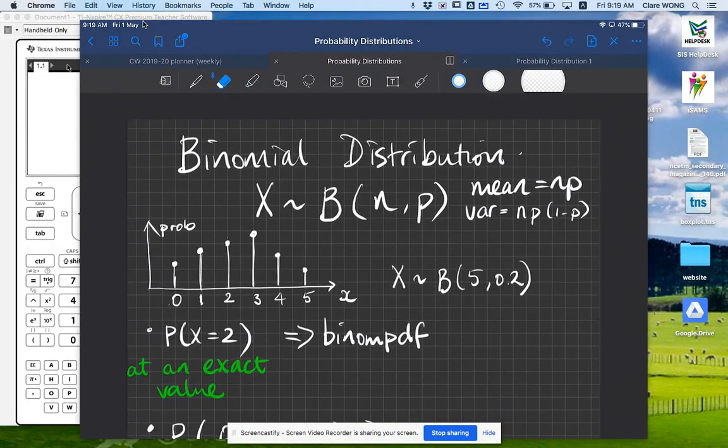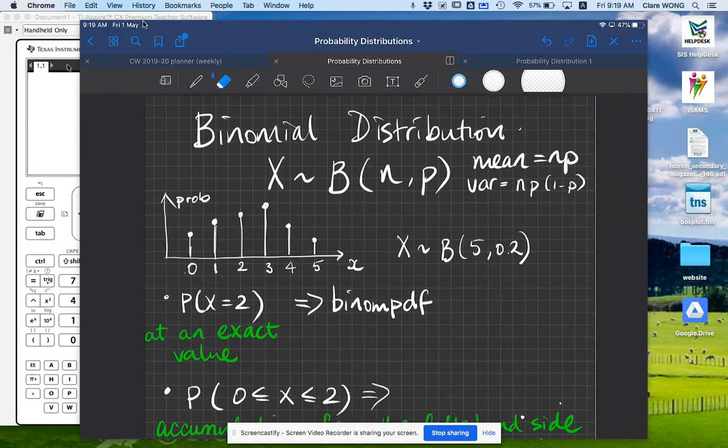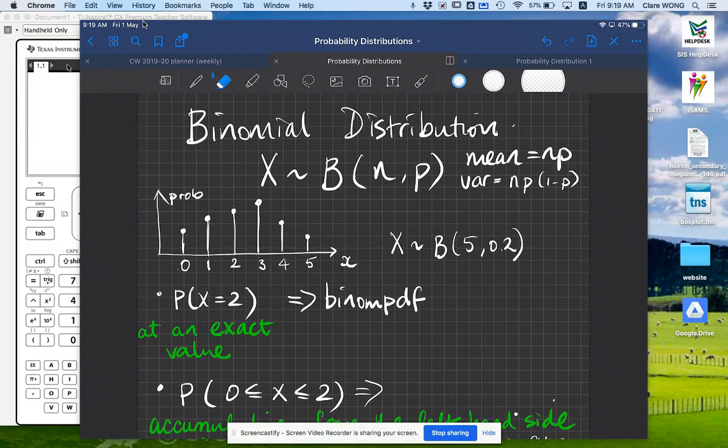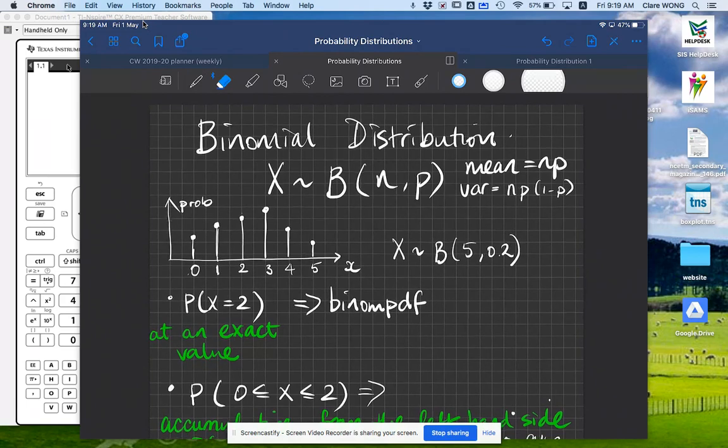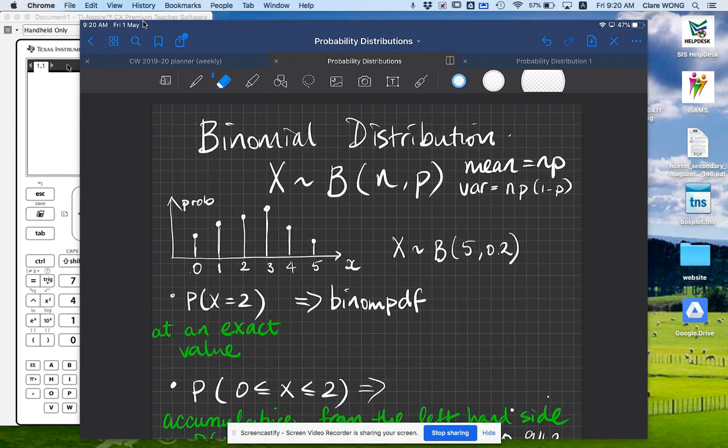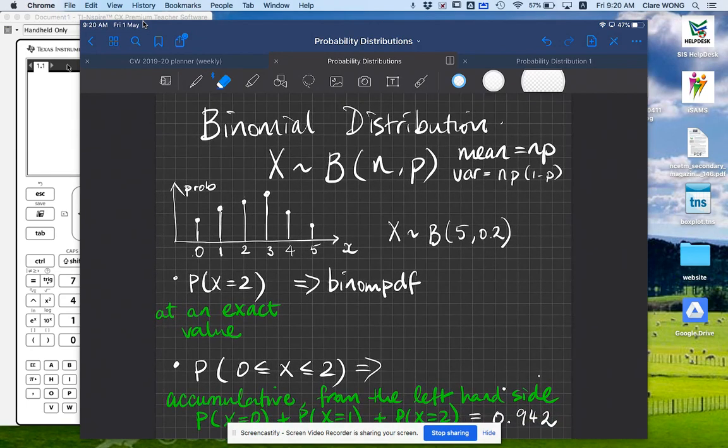We're going to look into binomial distribution and have a specific example to go over how we use the GDC. Now I'm going to use my made-up sample on the previous page, saying that the number of trials is 5 and the probability of success is 0.2.